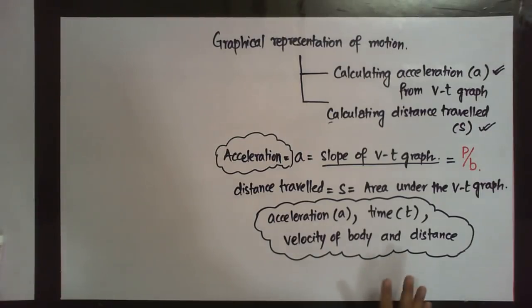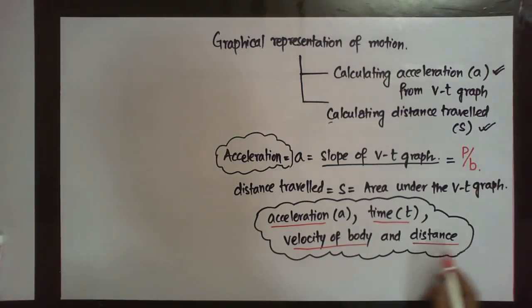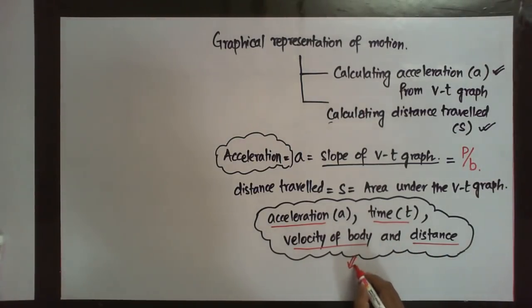Now, whenever we did all these discussions, we found that the acceleration of the body, the time taken, the velocity of the body and the distance, they are somehow interrelated to each other.